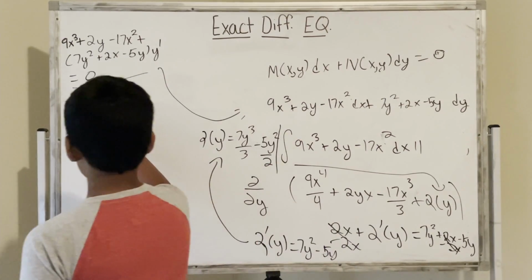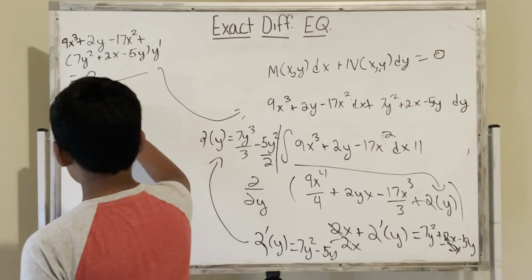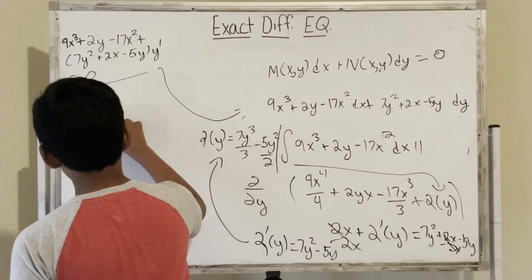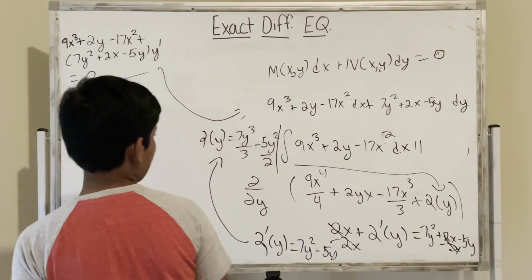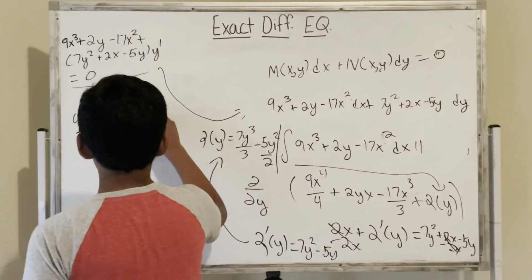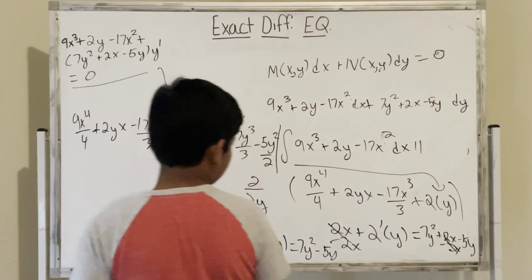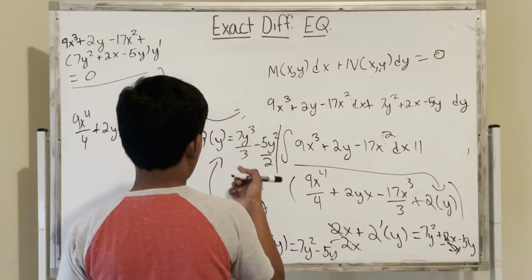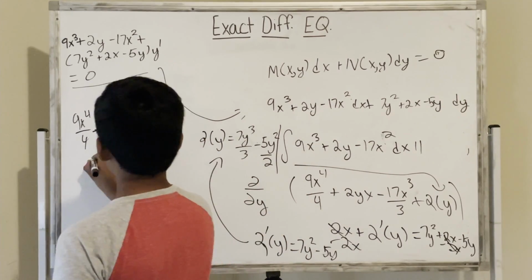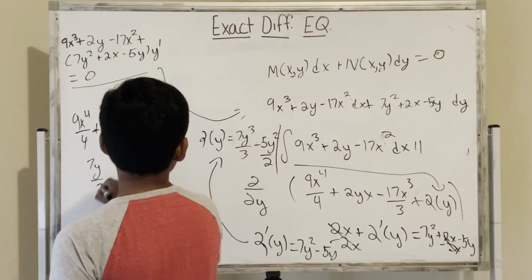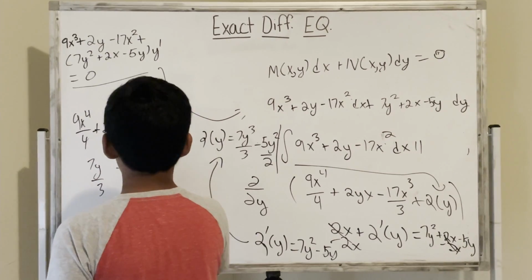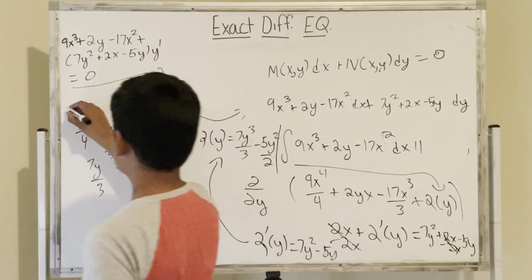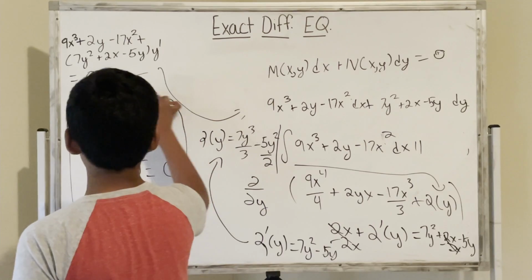So we have 9x raised to the power of 4 over 4 plus 2yx, then minus 17x cubed over 3, then plus phi of y, well, phi of y is just 7y cubed over 3 minus 5y squared over 2. And we're going to set this equal to an arbitrary constant, which is c. And this will be our answer.